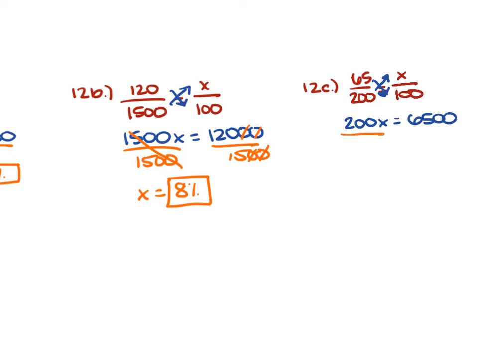We divide each side by the 200. So x is equal to 32.5. 32.5%. Remember, you could have canceled out these zeros and just done 65 divided by 2.